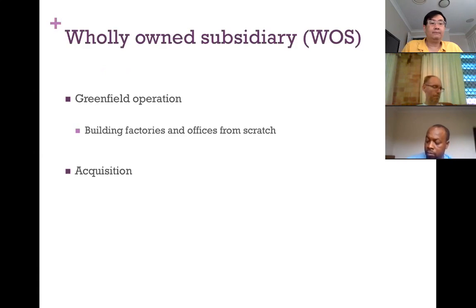Okay, and please bear in mind, like JV, we are also liable for anything that the company owes to their suppliers and so on and so forth. For instance, okay, so that will become our liabilities.